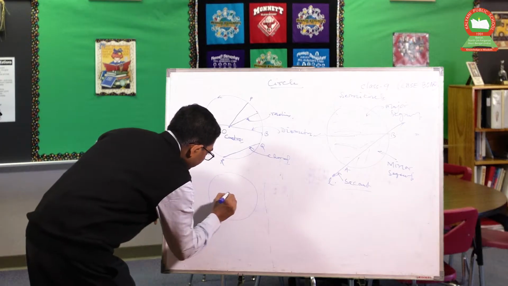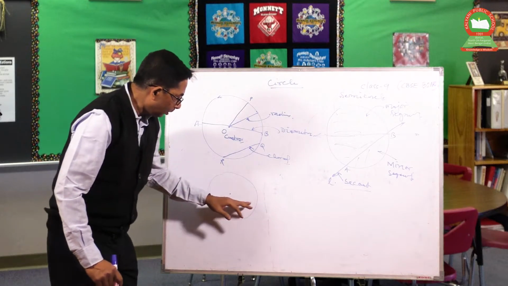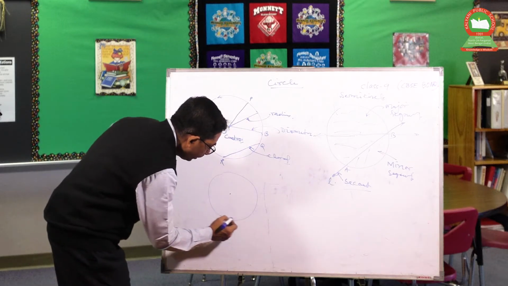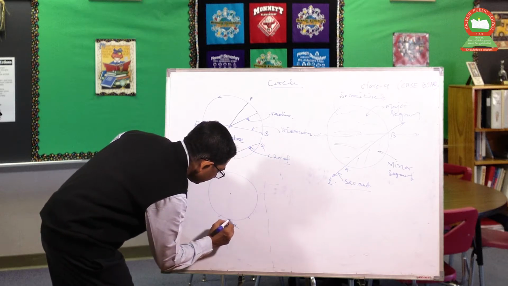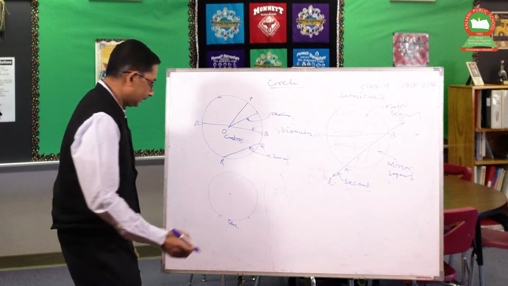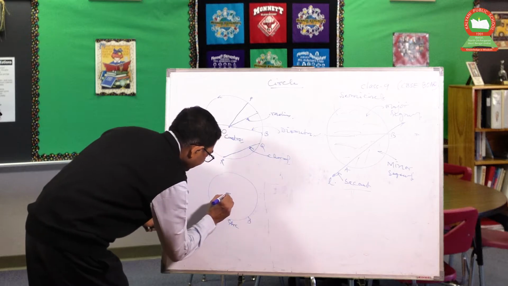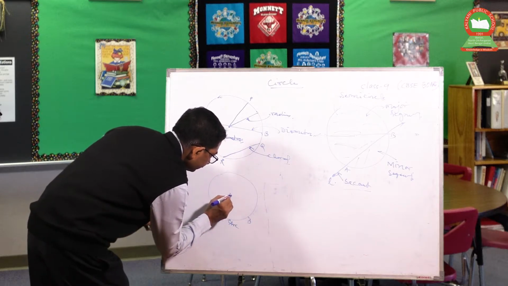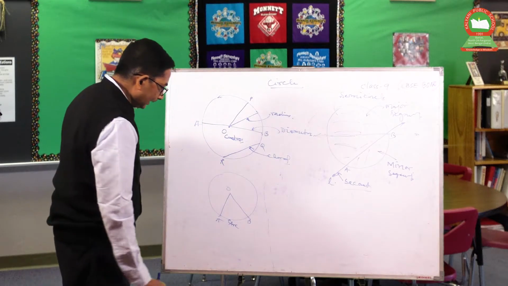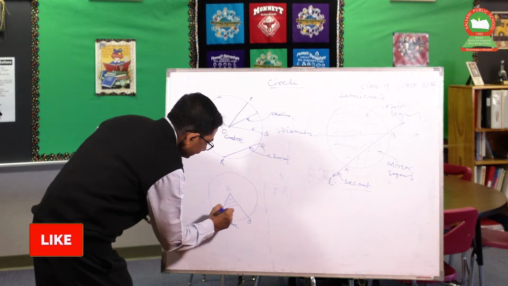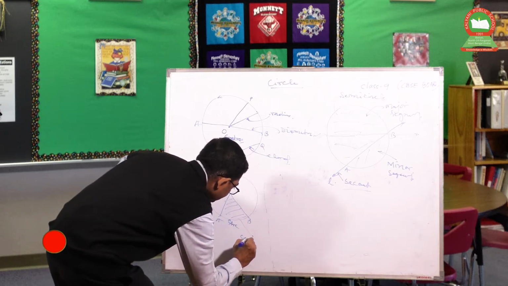Another component of a circle is the arc: any part of the circle is called an arc. If the 2 end points of this arc, suppose A and B, are joined with the center of the circle, this circular region is called the sector.